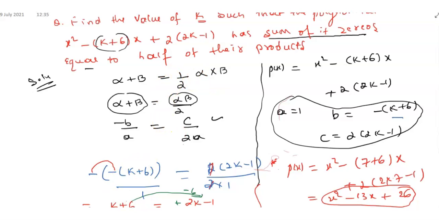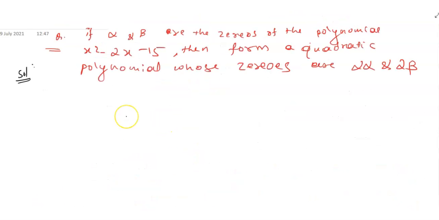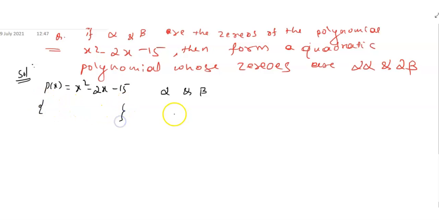I hope you understood. So yes, look here guys. In this problem, he has given a polynomial p of x is equal to x square minus 2x minus 15. This polynomial has zeros alpha and beta. In the same case, he is asking you to form one polynomial which has zeros 2 alpha and 2 beta.